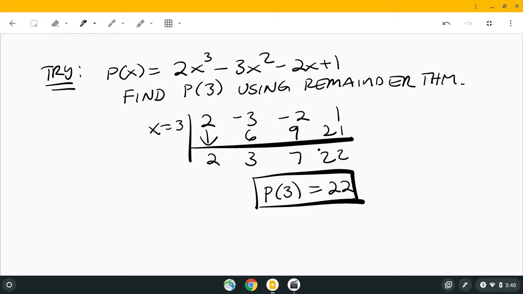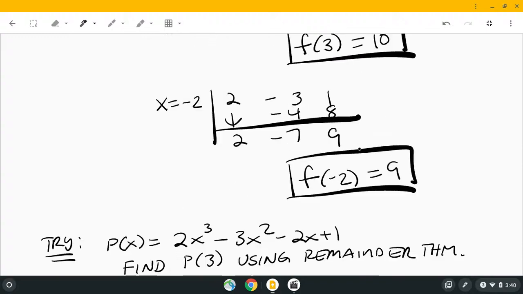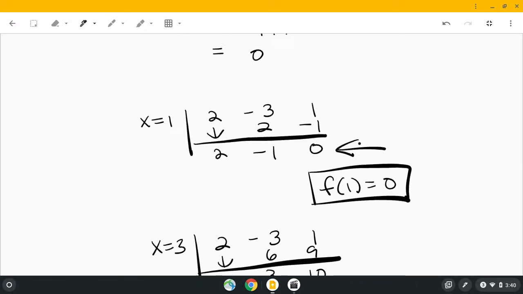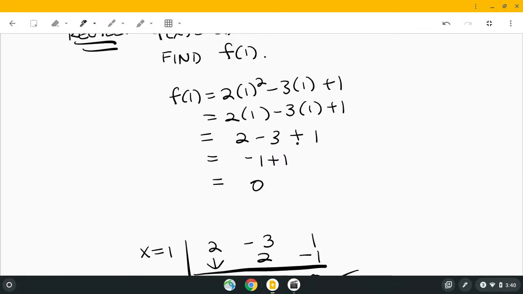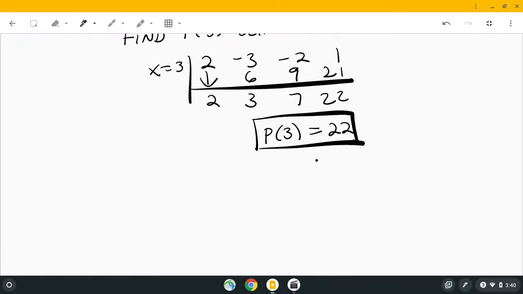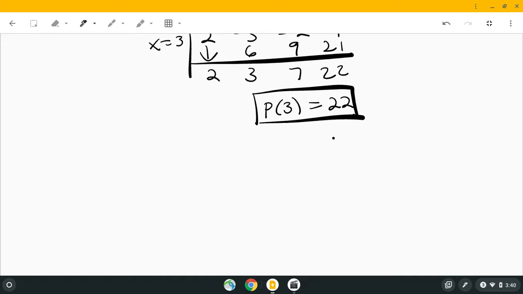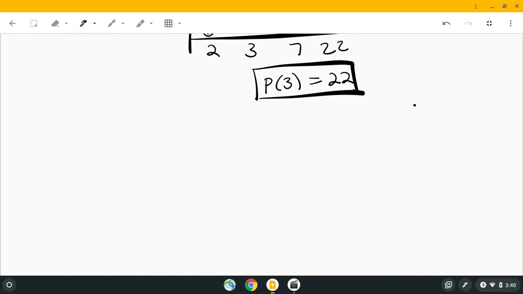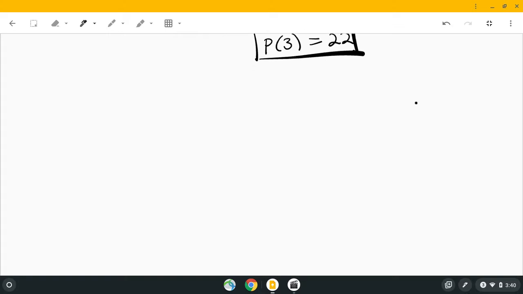Okay. I like this method a little bit more than the old-fashioned method of plugging it all in and working it all out. This just seems so much easier. Okay, so that's the remainder theorem. We have one more theorem, the factor theorem.